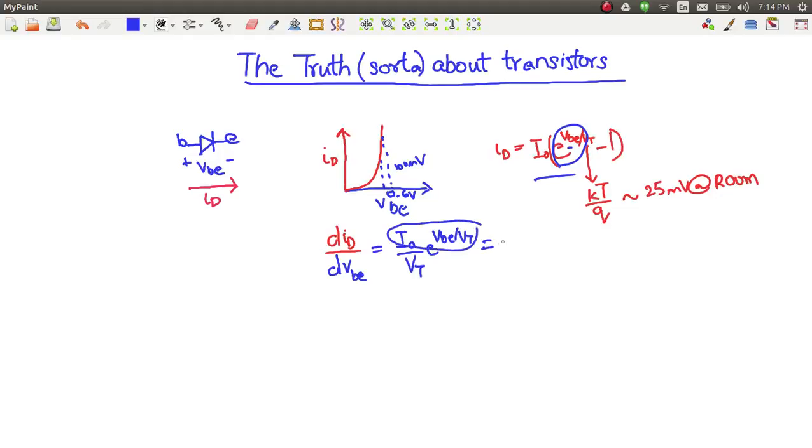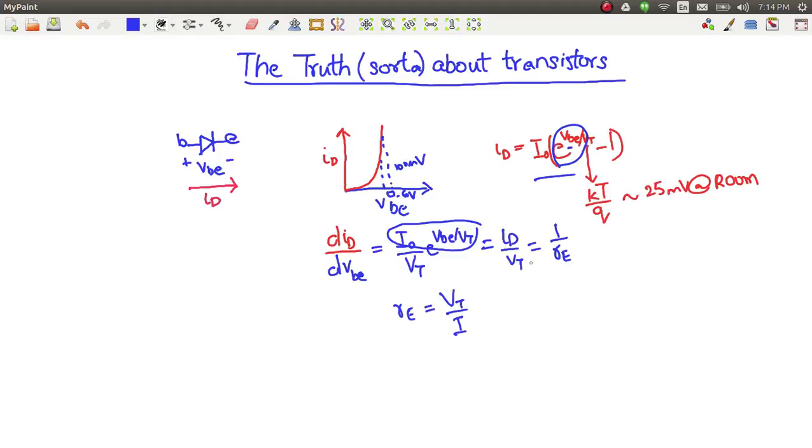So this is ID by VT, and this has dimensions of current by voltage, which is basically the dimensions of 1 over R, or in this case 1 over RE. Which is why we have been using RE equal to VT by ID, basically VT by I.